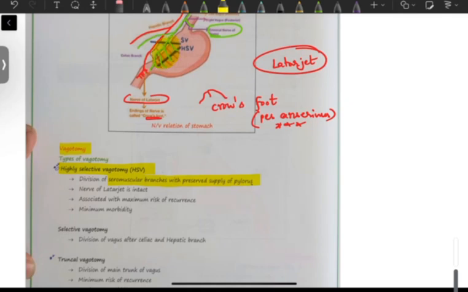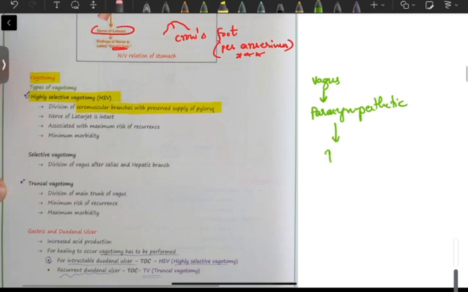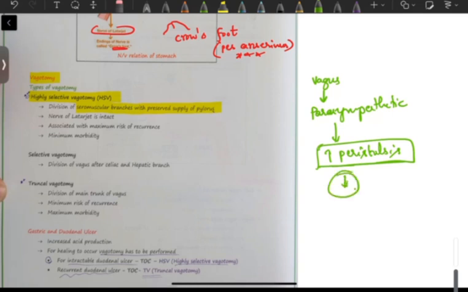So what is the main function of vagus? Vagus is parasympathetic, right? What does the parasympathetic nervous system do for peristalsis? It increases peristalsis. So if we have to decrease peristalsis, then we will have to inhibit this vagus.